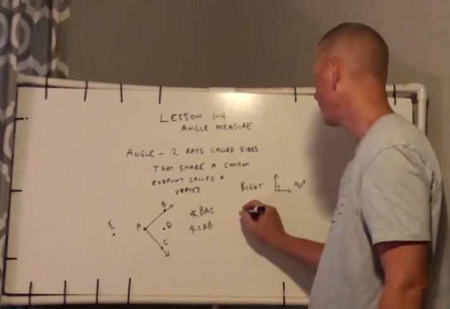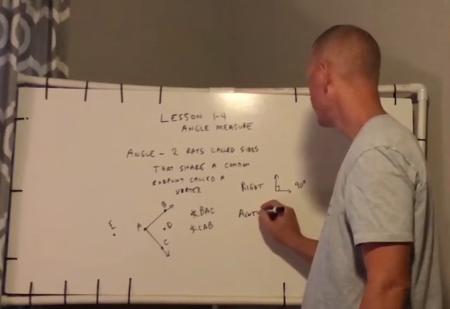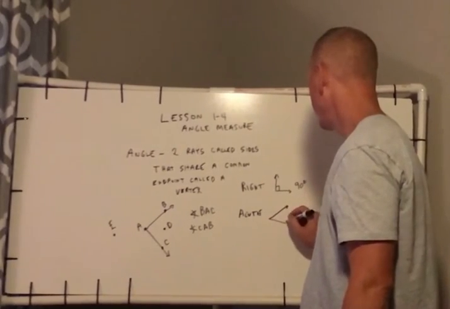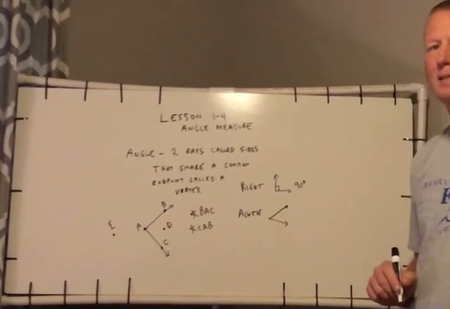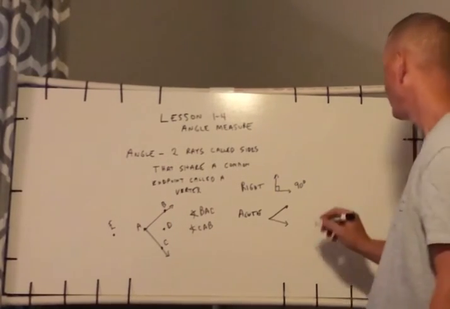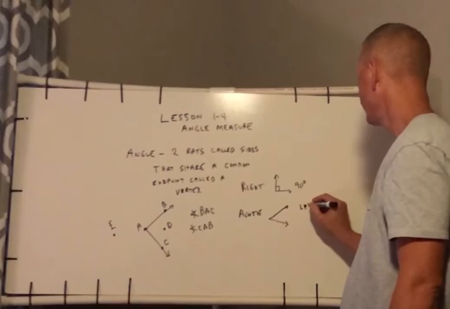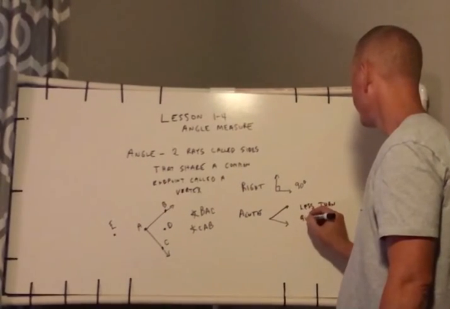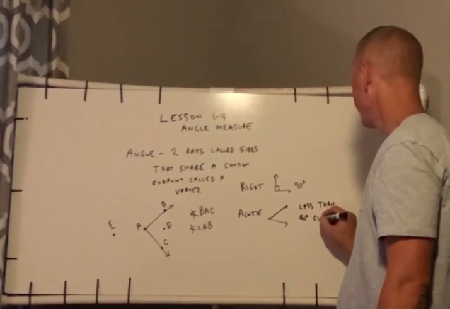The next type is an acute angle. We say that an acute angle is less than 90 degrees and greater than 0. So less than 90, greater than 0.